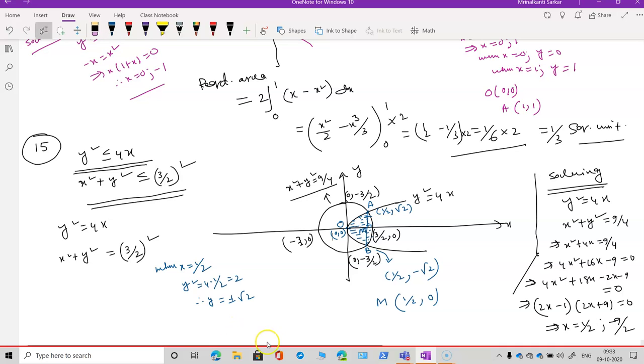Okay. Now we have to check whether we have shaded the region properly or not. Because it was given y squared less than or equal to 4x. Is the region totally lying inside or outside? That we must verify. If it lies inside, a point will satisfy. Let us check by taking an arbitrary point.